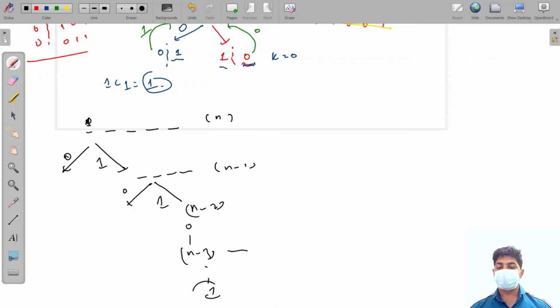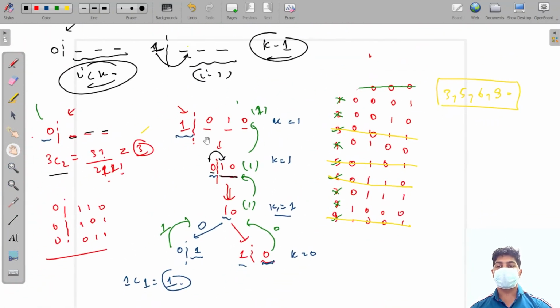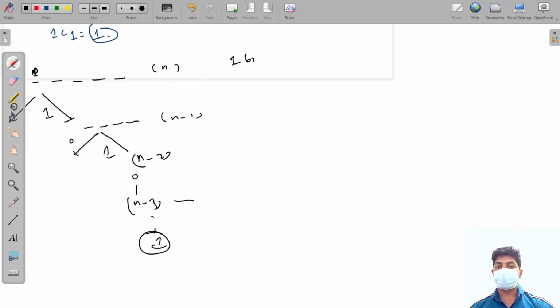Eventually it will reduce to a 1-bit problem. If it is a 1-bit problem, our answer is simply 0. Why? Because if it is 0 over here and we want to make a smaller number than this, there is no smaller number, so there are 0 numbers.